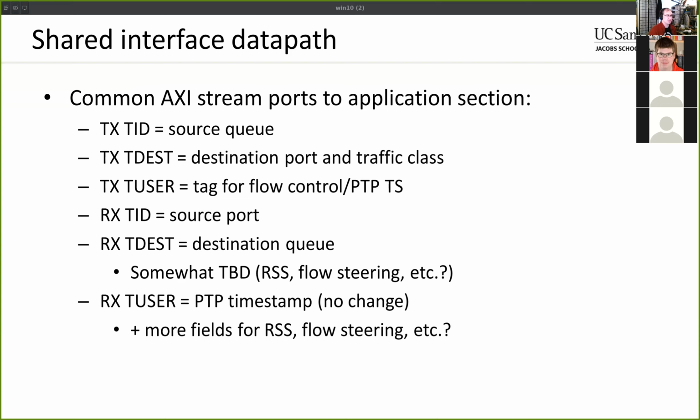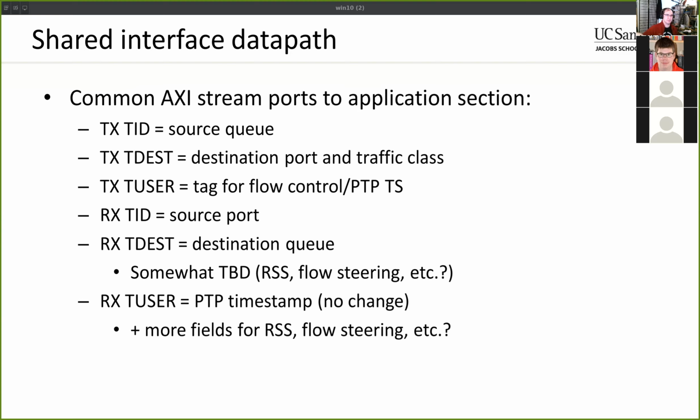Okay, so in the transmit direction, the TID is going to carry the ID of the source queue. So you'll be able to, from the application section, see what queue things are coming from if you want to implement different rules or whatever based on the source queue. And then the TDEST field will contain the destination port and traffic class, probably the lower 3 or 4 bits for the traffic class, and then the higher bits for the destination port.